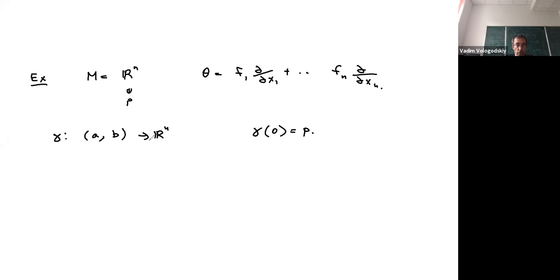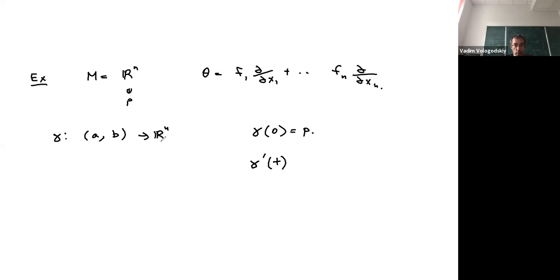Well, coordinates of this function. Well, it's a smooth vector-valued function. And it has a property that if you take the derivative of this function at point t, so this is a vector-valued function, so the derivative is also going to be a vector-valued function.